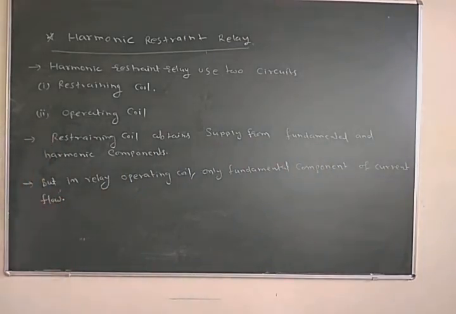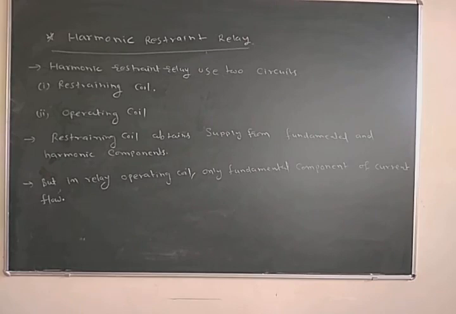What we have seen is that in the restraining coil, the supply consists of fundamental component and harmonic component, but in the relay operating coil, only the fundamental component of current flows.